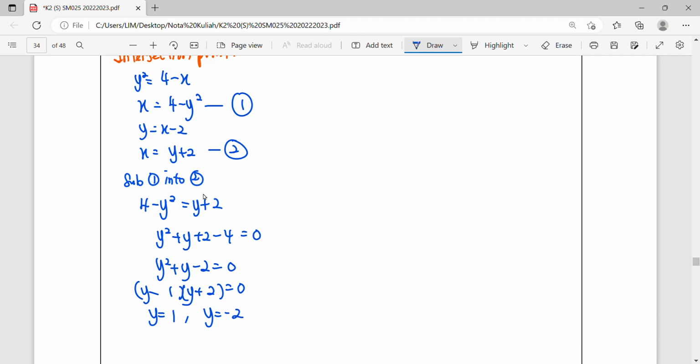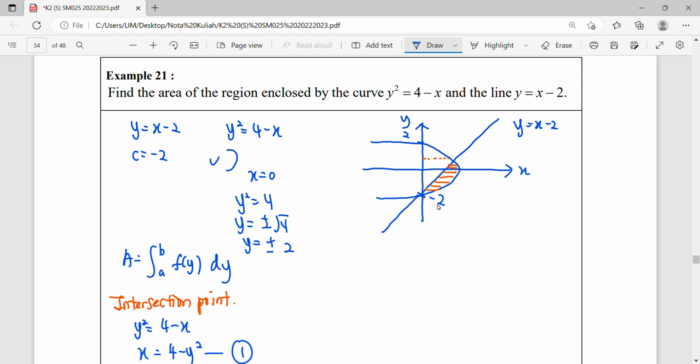So the intersection points happen at y equals 1 and y equals negative 2. So negative 2 we already have. Here is y equals 1.